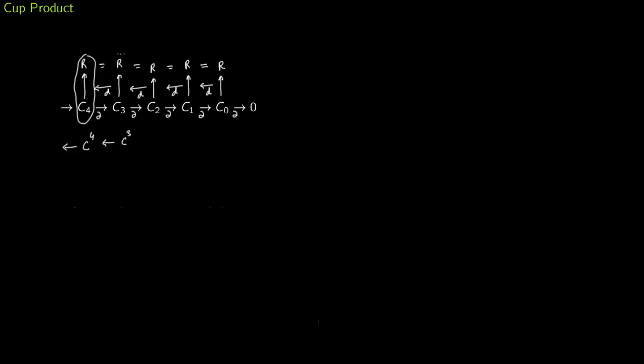Then you have C3 with these maps, you have C2, you have C1, C0, and this is how it goes on. And you have these coboundary maps D here.